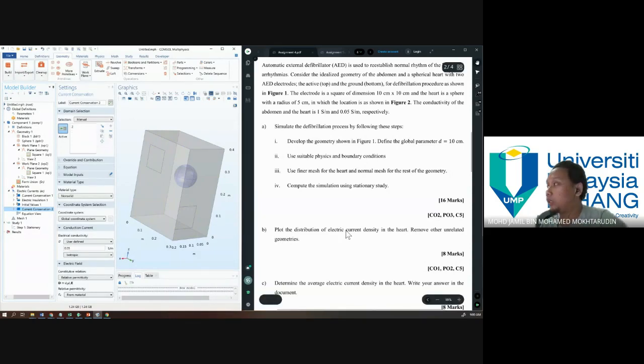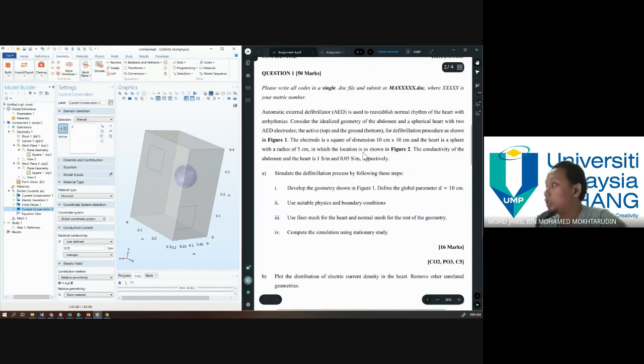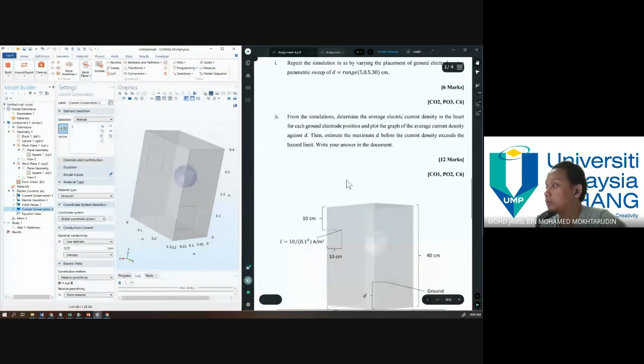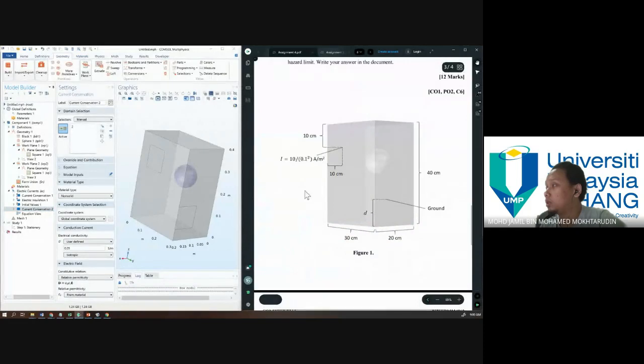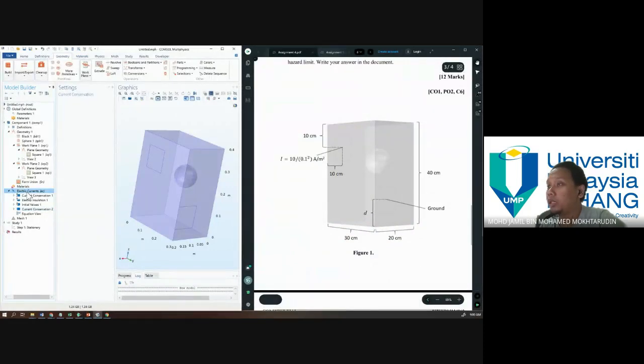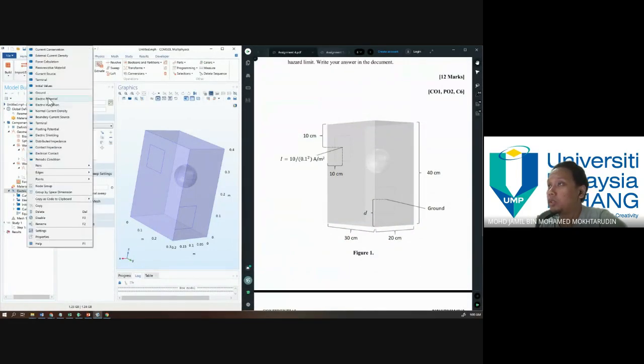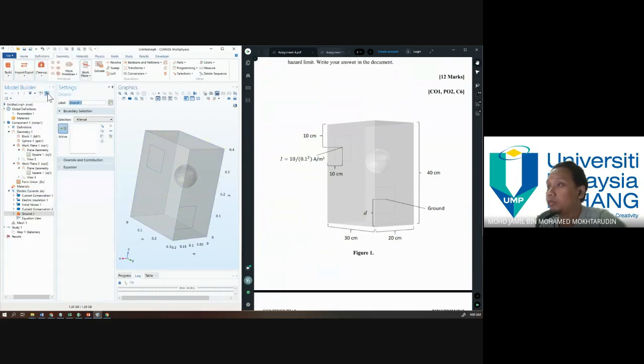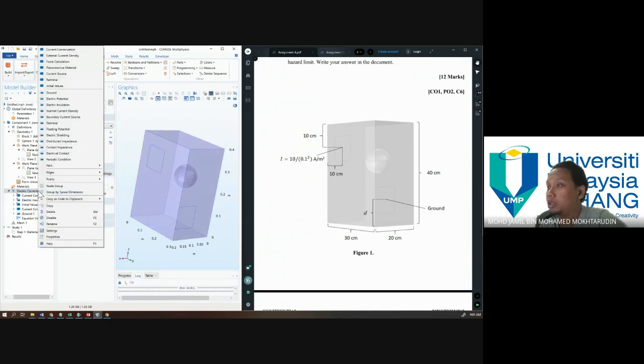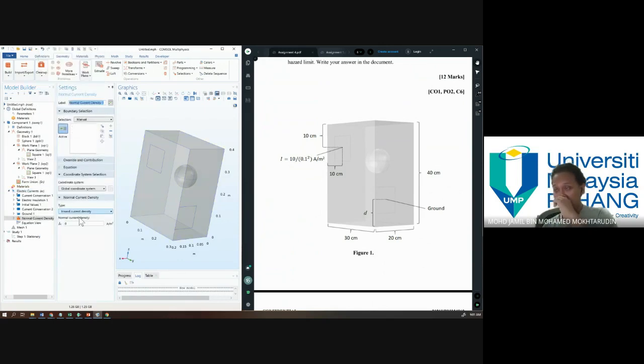Then we need to set the ground and active. So right click, choose ground, and choose the bottom electrode, and then right click again, choose normal current density, and then just write this thing.